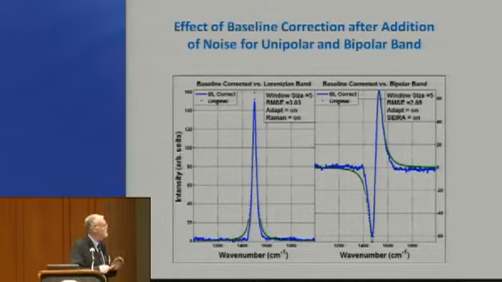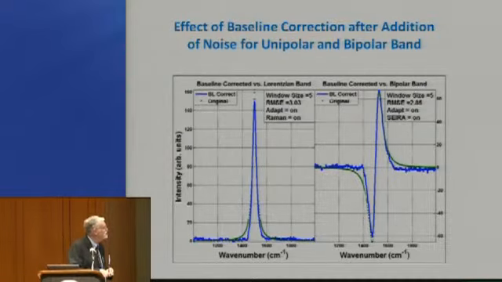Interestingly enough, we wanted to see whether this was having any effect on shapes of the band. So we constructed a noise-free Lorentzian, which is shown in the green dots here, and then put some noise on there and did the baseline correction.